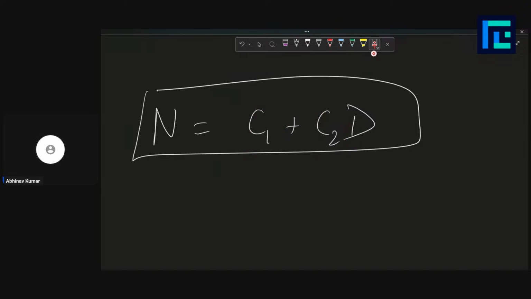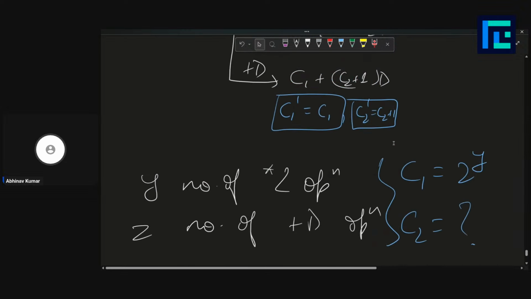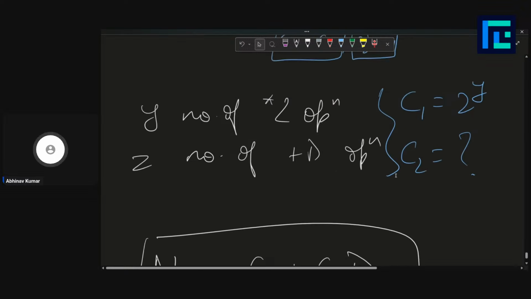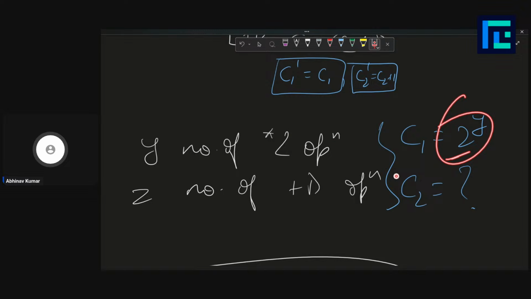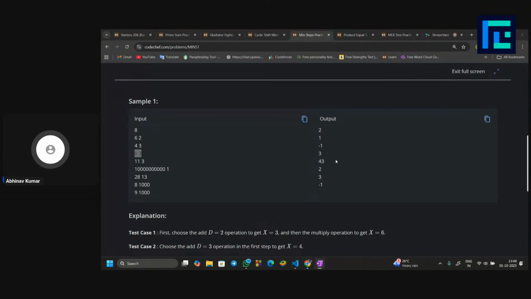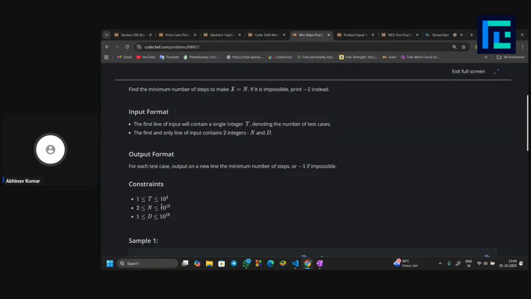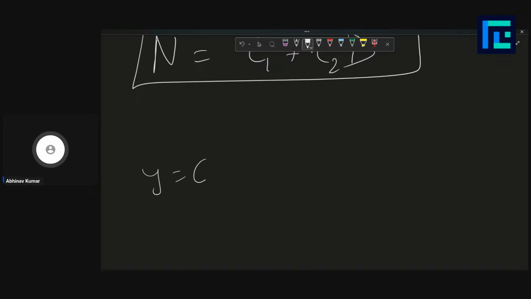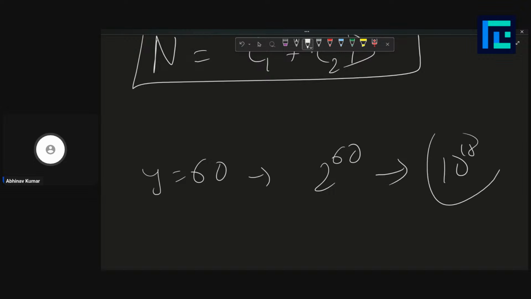So what can be all the possible values of y in your answer? At max, how many multiply by 2 operations would you perform? Since it increases exponentially with the power of 2, and the range of n given to us is up to 10 to the power 18, if we take y equal to 60, then 2 to the power 60 is of the order of 10 to the power 18.